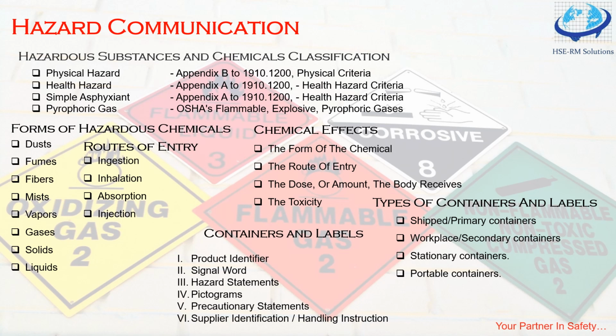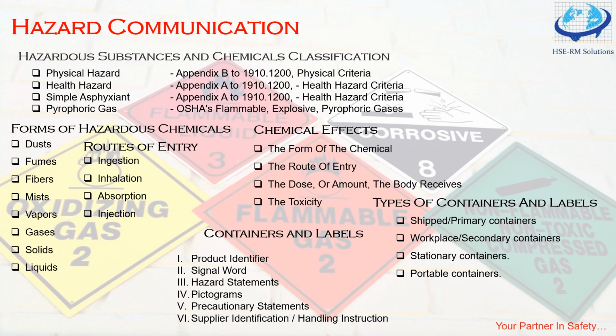So suppose we say dust. What is dust? Dust is finely divided particles like wood dust, right? Now what are fumes? Fumes are smaller particles usually formed when solid metal is heated and vaporized and then condenses as tiny particles.